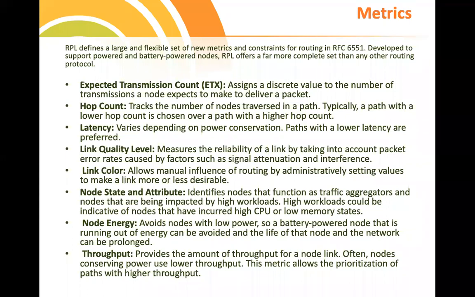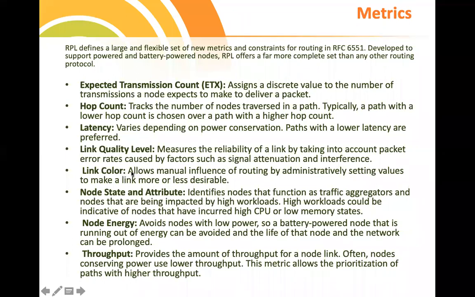Whatever we send from the source must reach the destination without delay, that is link quality level. How is it measured? Again, based on factors of signal attenuation, maybe because of temperature issues, maybe because of delay in traffic, maybe because of some nodes' interference in between, all those.